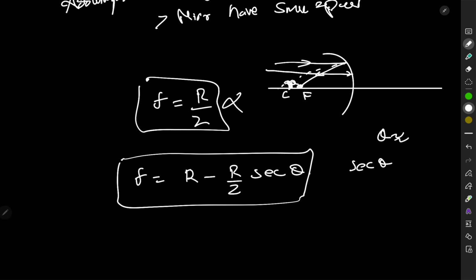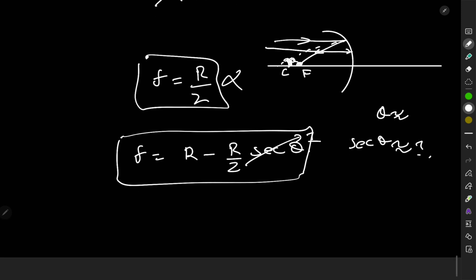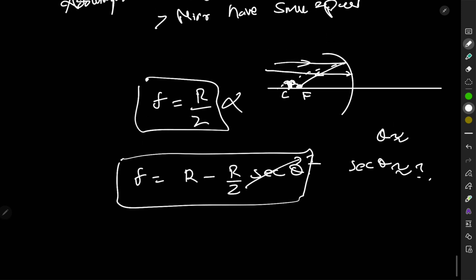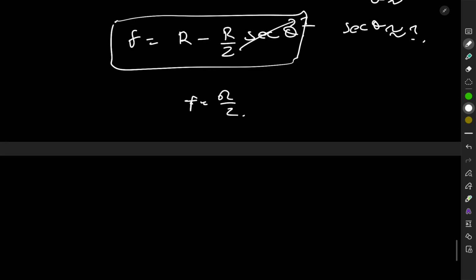So this goes to 1, okay, which will ultimately give the answer that f is equal to R by 2. Fine. f is equal to R by 2. Okay, just because of those assumptions we get this answer. If you take off those assumptions, you won't be getting this answer. So with this we will complete this first part.